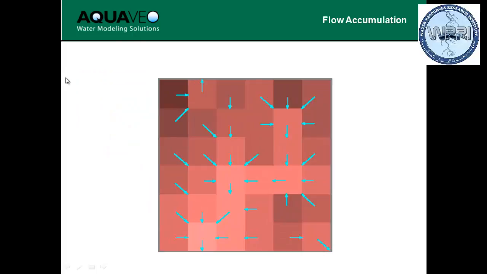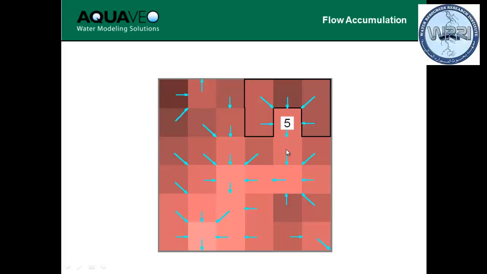My flow accumulation grid, so let's do the same thing here. If I look at this cell here, how many cells flow into that cell? Well, I guess I gave away the answer. It's 5. How about this cell right here? How many cells go into that cell? 1.